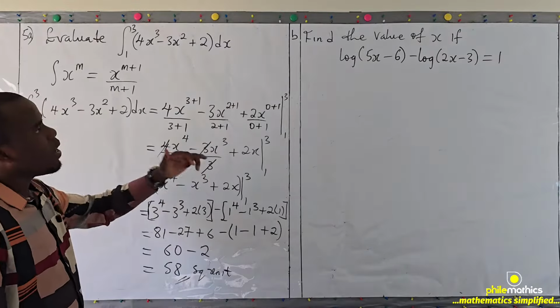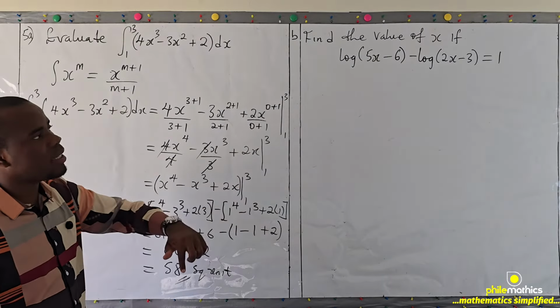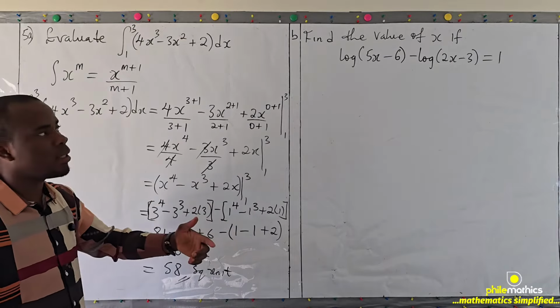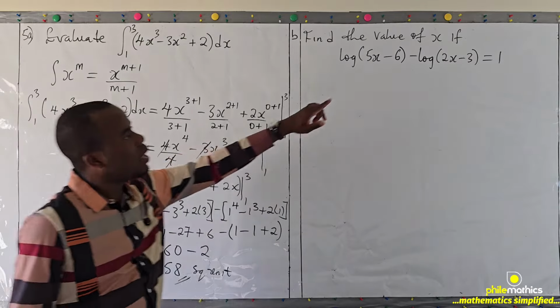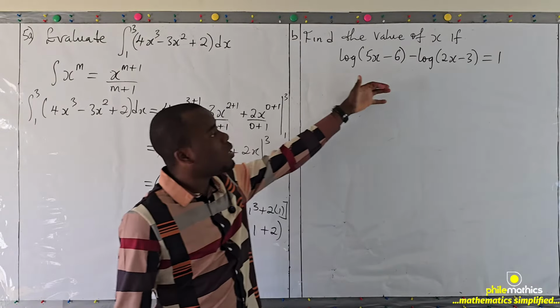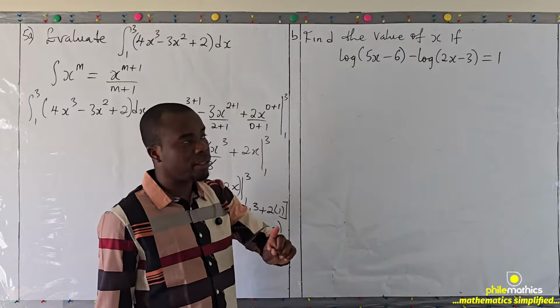B says, find the value of x if log (5x minus 6) minus log (2x minus 3) equals 1. So if you notice, there is no base in this log. So whenever we see such a scenario, it is assumed as base 10.